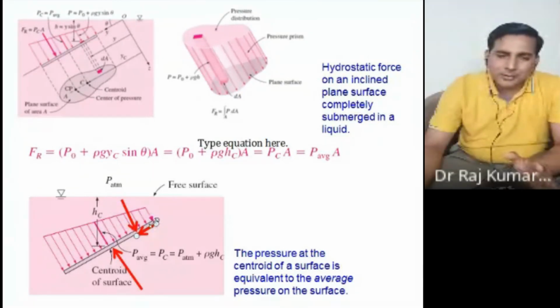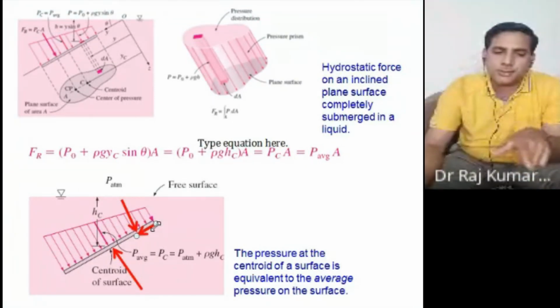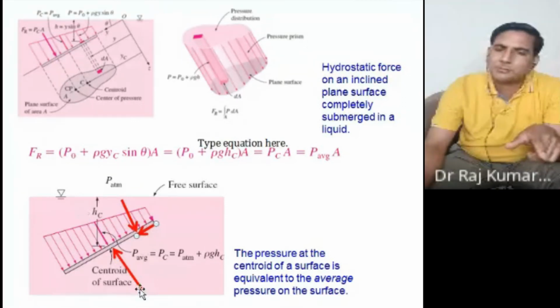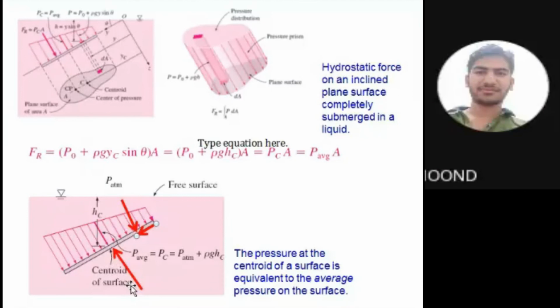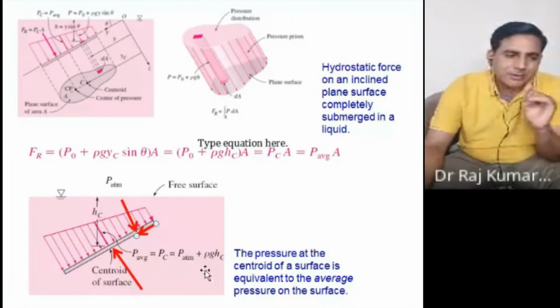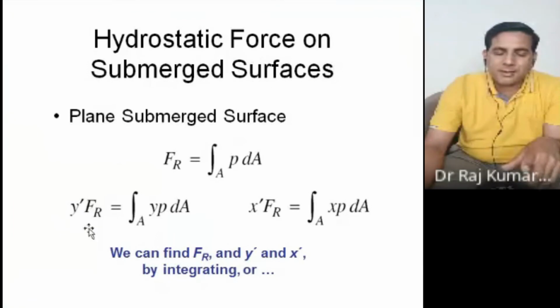So if I calculate moment of all forces about this point, the total of this should be balanced by the moment provided by this force. Yes, sir. So that's what is being done here. So this is the moment provided by the resultant force, y dash into FR.